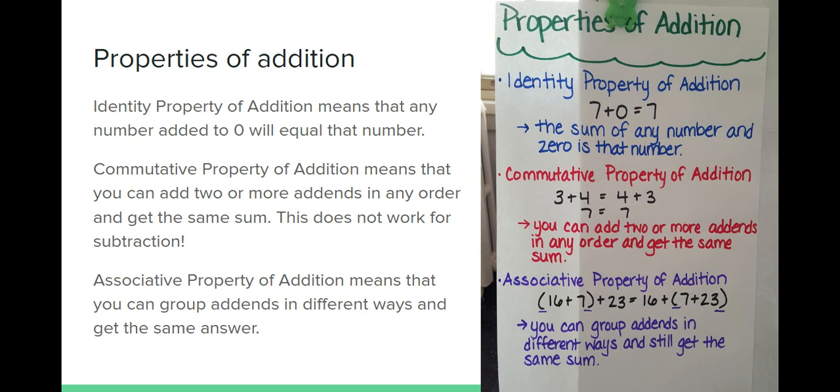So if we had 16 plus 7 plus 23, we would add 16 plus 7 and then add 23. Or we would add 7 plus 23 and then add 16. We're going to get the same answer. That grouping does not change what our answer is. Okay?